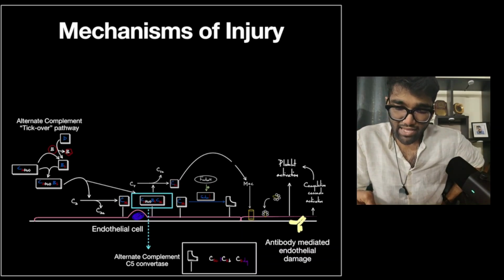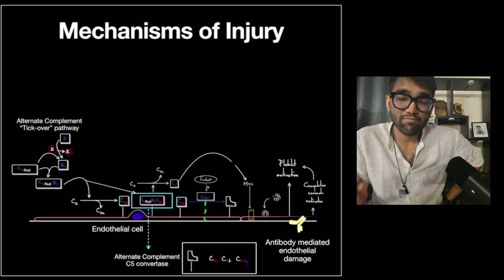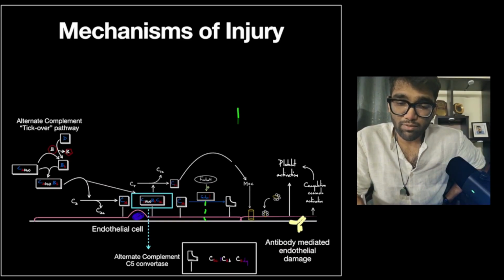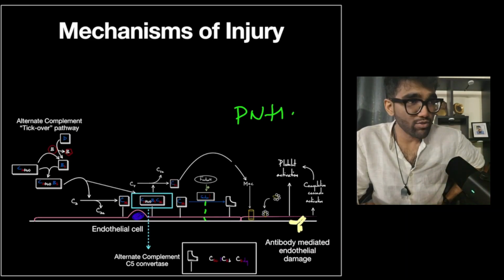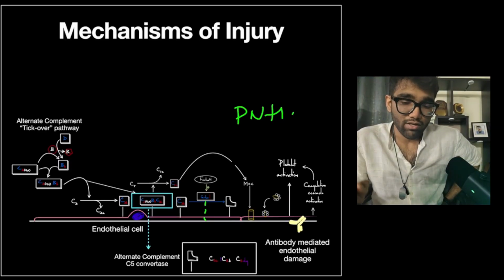Now, factor I is actually a protein that is attached to cell membranes using a very specific mechanism, and that mechanism is that it is bound to inositol phosphate. There is a disease called paroxysmal nocturnal hemoglobinuria. In that, you have a selection of a clone within the bone marrow that does not express proteins that are phosphatidylinositol bound.